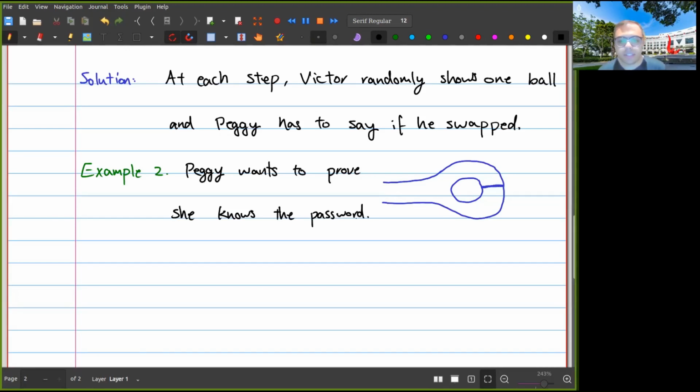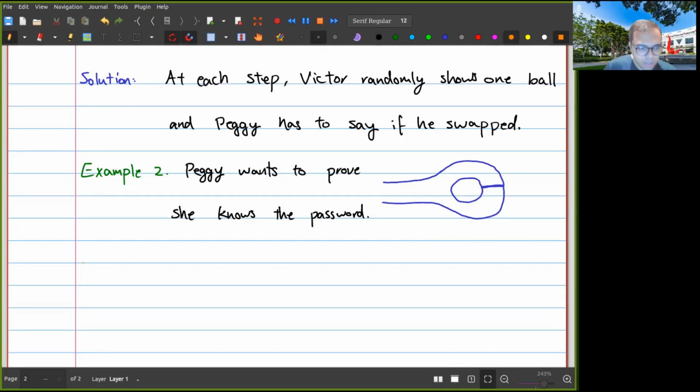Now, again, a very simple solution here would be to just give the password to Victor, and then Victor can go inside this cave and pass through this door here, and he can verify that the password worked. But of course, the problem is that this solution is leaking the password, and we don't want that to happen.